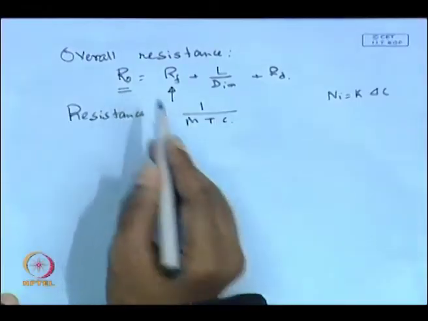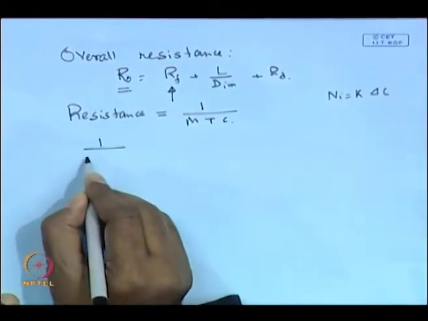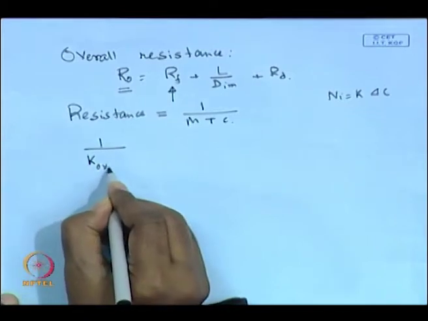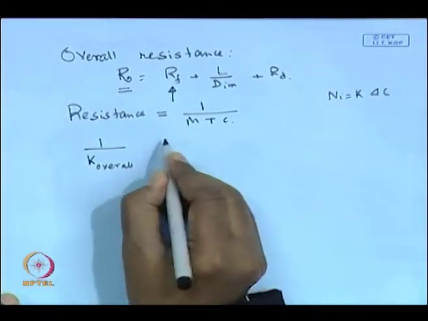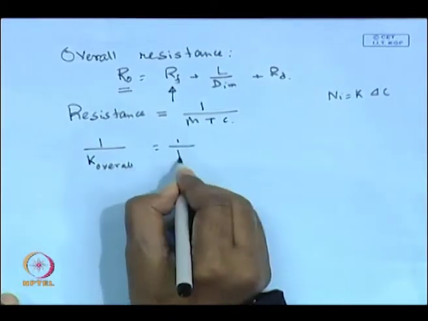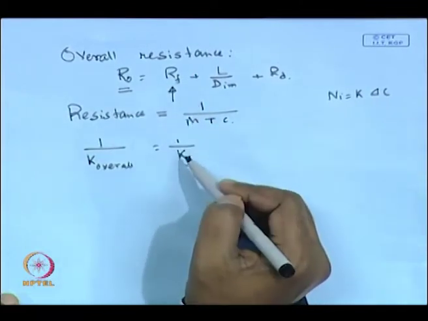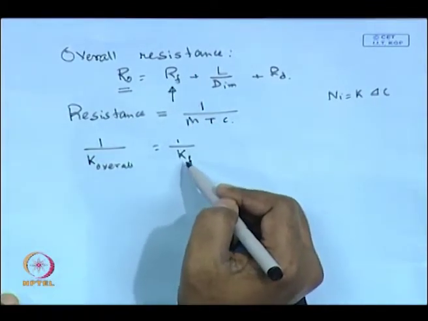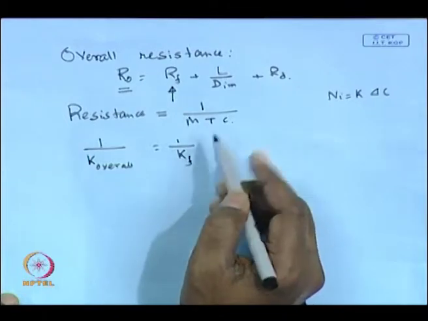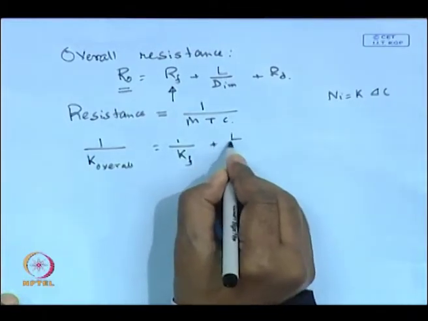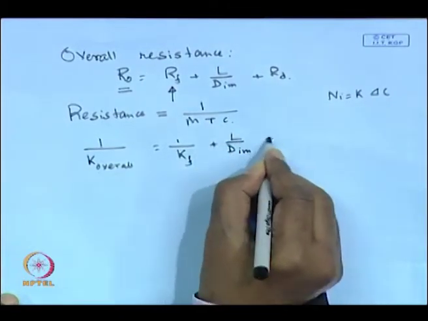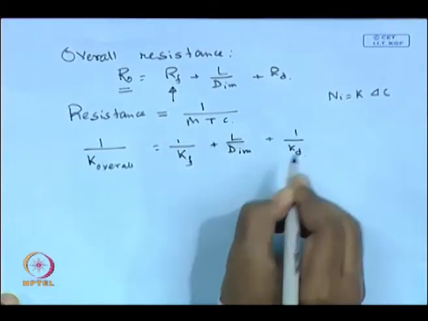So, the overall resistance can be written as 1 over K overall, which is 1 over Kf, since Rf is inversely proportional to the mass transfer coefficient Kf in the feed side, plus L by Dim plus 1 over Kd.